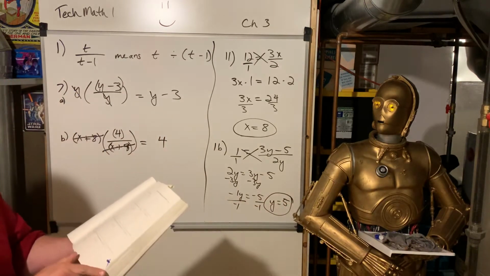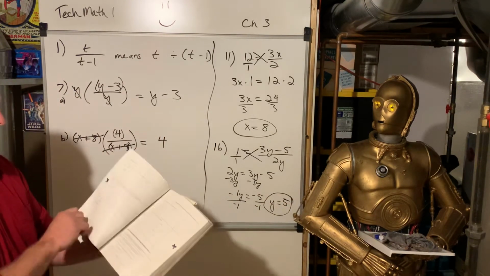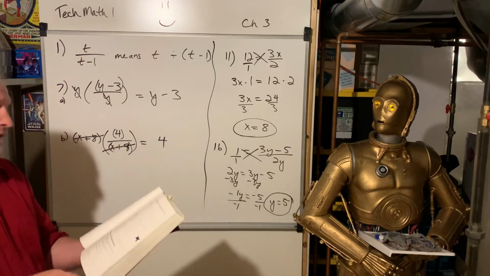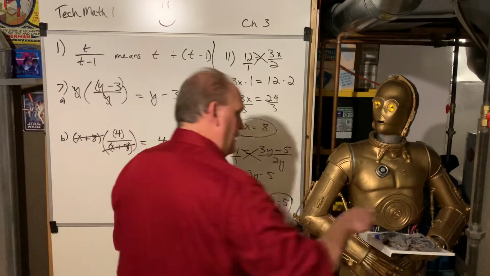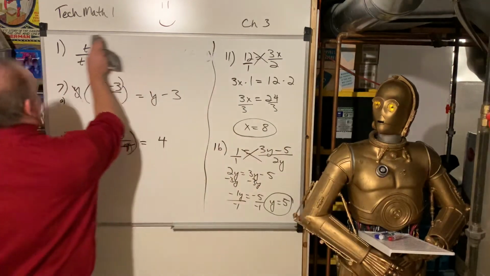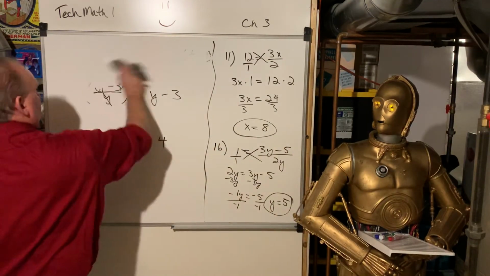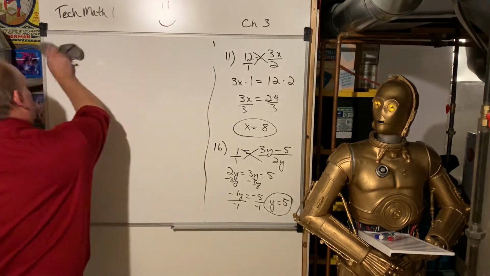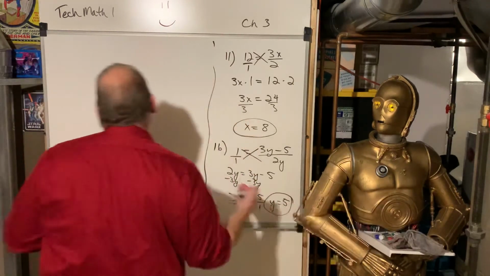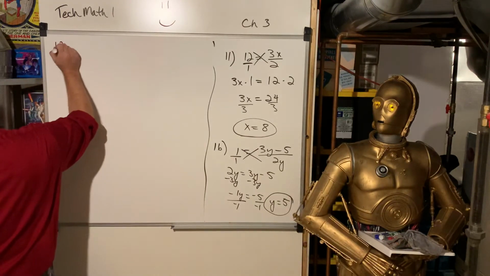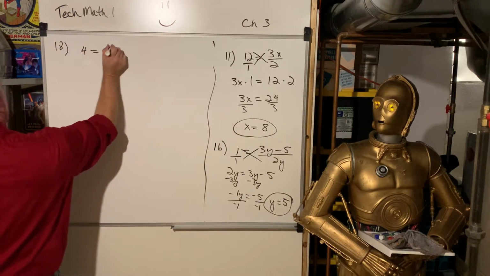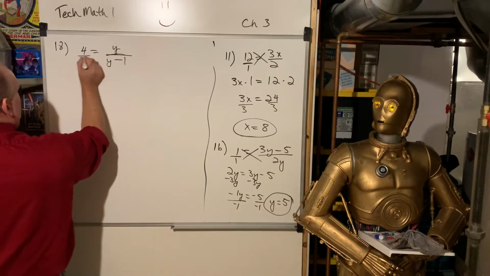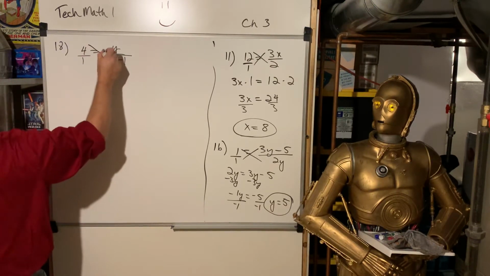All right. Lovely. Let's do number 18 next. So number 18, we've got 4 is equal to y over y minus 1. Again, proportion, cross multiply, and solve.